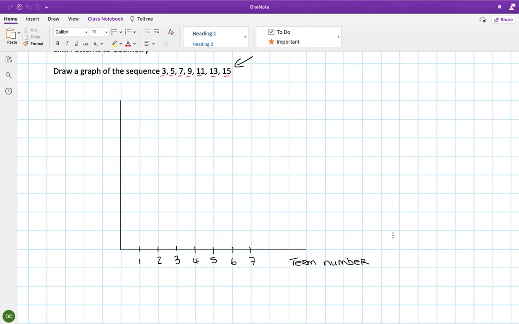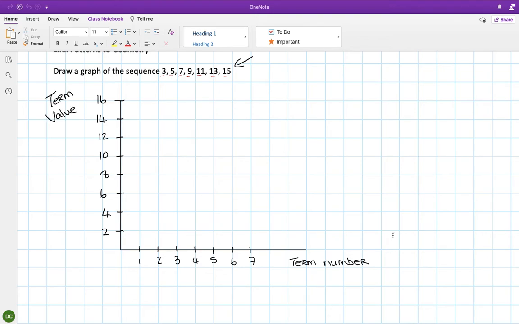Okay? So 2, 4, 6, 8, 10, 12, 14, 16. Okay, and that's the value of each term.